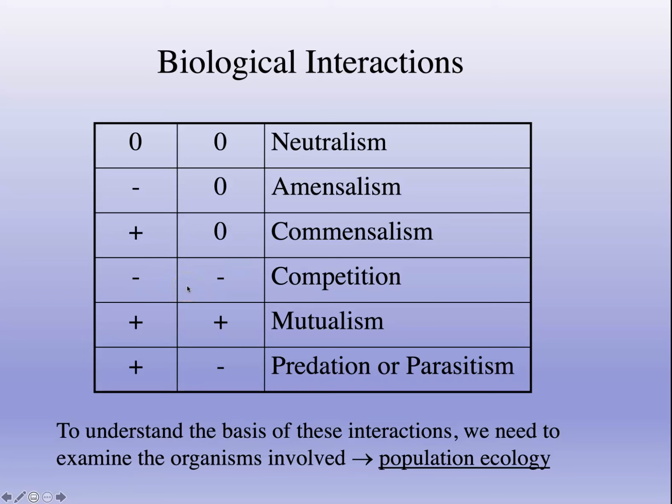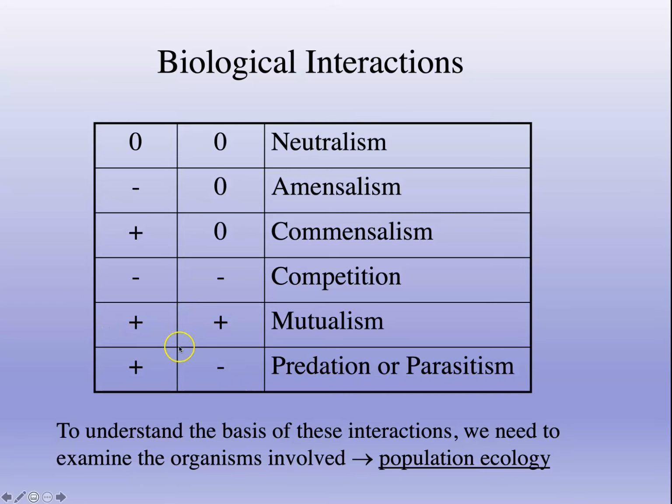If the other species weren't around, the one species would have more to eat, would have more territory to live and nest in, etc. So in competition, both species are losing because of the presence of the other. In a relationship of mutualism, it's just the opposite to competition. Both species are benefiting by the presence of the other species. So both species gain by the presence of that other species.